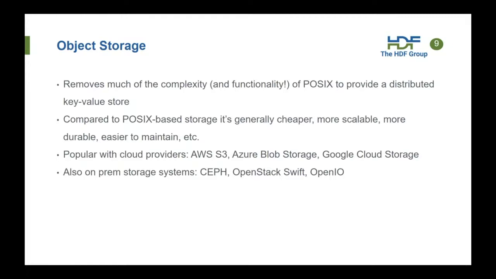And in the cloud, it's predominant, I think, for any kind of large data collections. On Amazon, we have S3, Azure has blob storage, Google has Google Cloud Storage. And for non-cloud, there are various storage systems: Ceph, OpenStack Swift, and OpenIO, where we have some of our friends from OpenIO here today.